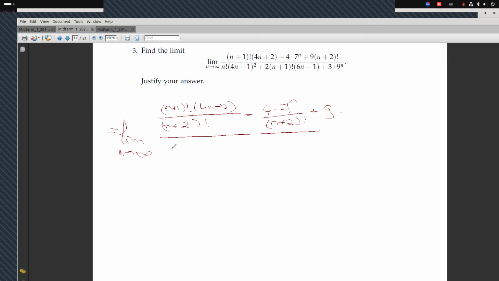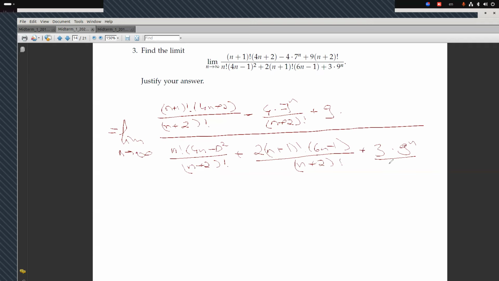On the numerator, we have n! times (4n-1)^2 divided by (n+2)!, plus 2 times, I'm just dividing. Next, you will help me with some simplifications: (6n-1) over (n+2)!, and plus 3 times 9^n divided by (n+2)!.